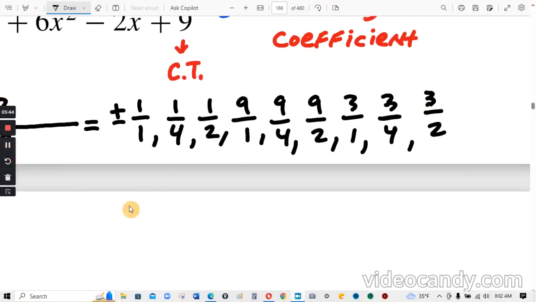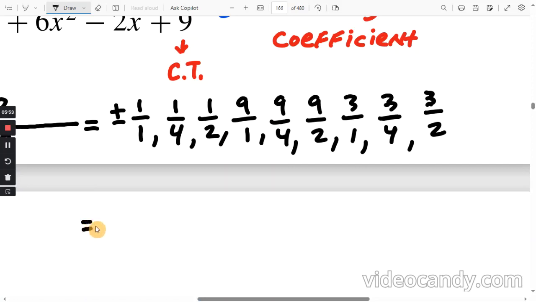All right, and now cleaning this up, you want to eliminate any repeats. Okay, I don't think I see any repeats, but let's make sure. Okay, we keep the plus minus. 1 over 1 is just 1.